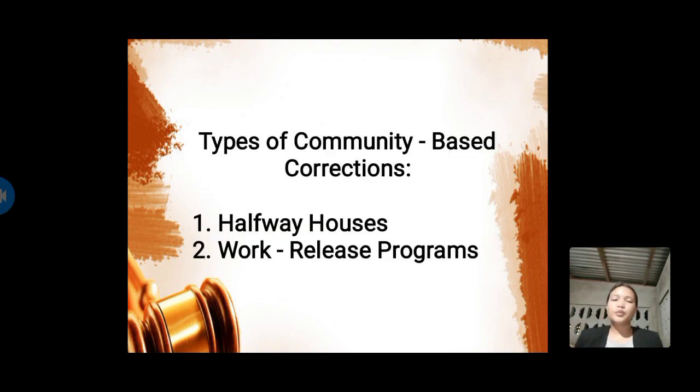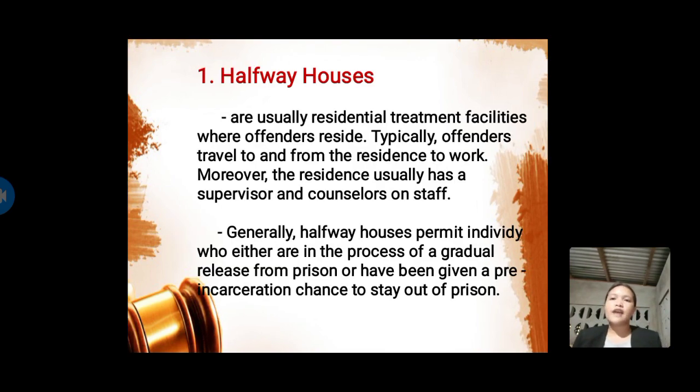So we have types of community-based correction: the halfway houses and the work release programs. First is the halfway houses. These are usually residential treatment facilities where offenders reside. Typically, offenders travel to and from their residence to work.